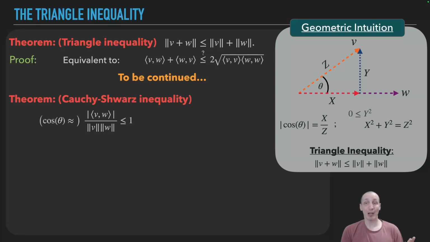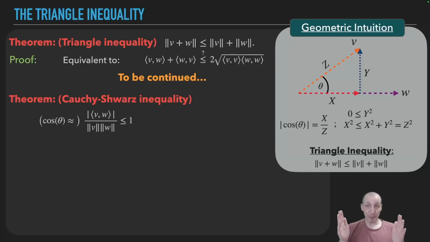And because y squared is larger than 0, x squared plus y squared is larger than x squared, so z squared is larger than x squared. And both x and z are non-negative, which means that z is larger than x. Right? So the fact that the cosine of theta is at most 1 is a direct application of the Pythagorean theorem.